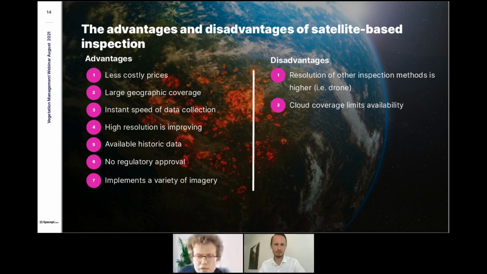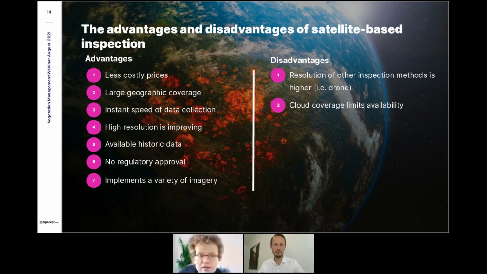Very much can be achieved, but that leads to the complementarity of drones and satellites. And as Nicolas will explain, our solutions are very much complementary in the sense that we do a global overview of the entire line, and then drone crews can be sent very efficiently to carry out the nut and bolt inspection.